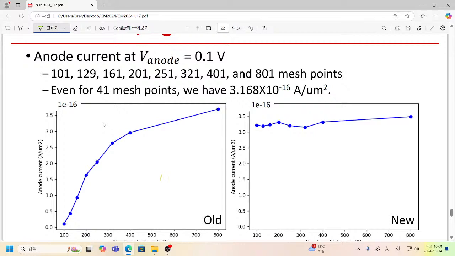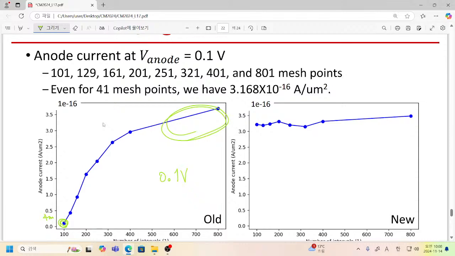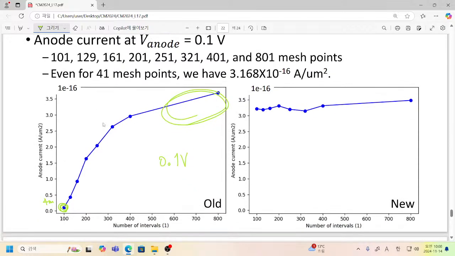Remember that when we apply 0.1 volt with 4 nanometer spacing, the current almost vanishes. That was a really bad situation, although our solution is somewhere around here, we had quite a small value. But please have a look at this curve. This curve means that even with 4 nanometer spacing, you can find reasonably good values over your IV characteristics.